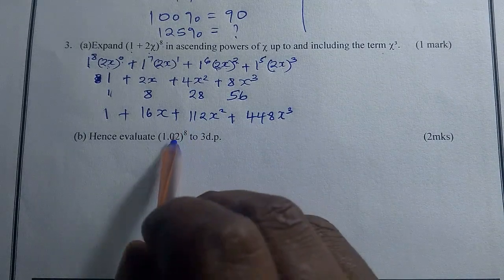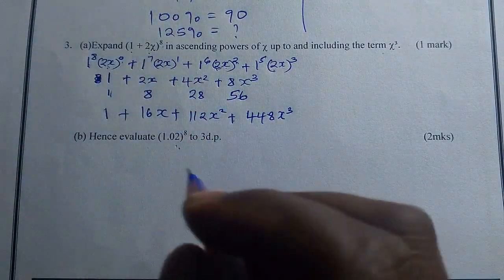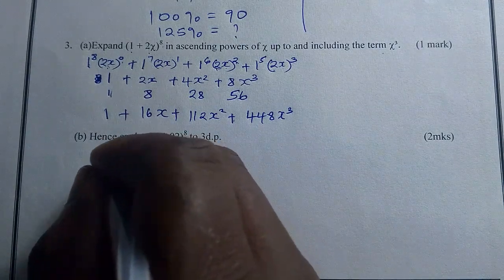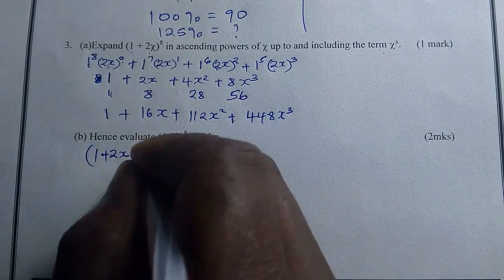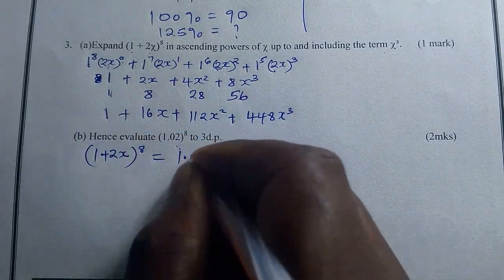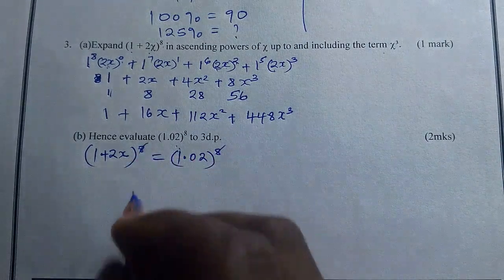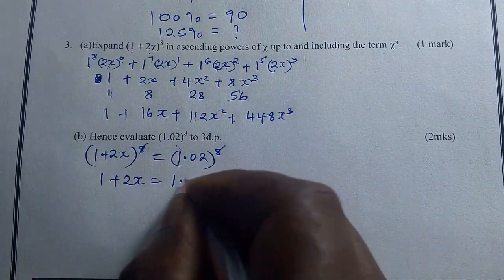First we need to get the value of x. Equate this and this: 1 plus 2x raised to power 8 is equal to 1.02 raised to power 8. Ignore the powers. 1 plus 2x is equal to 1.02.